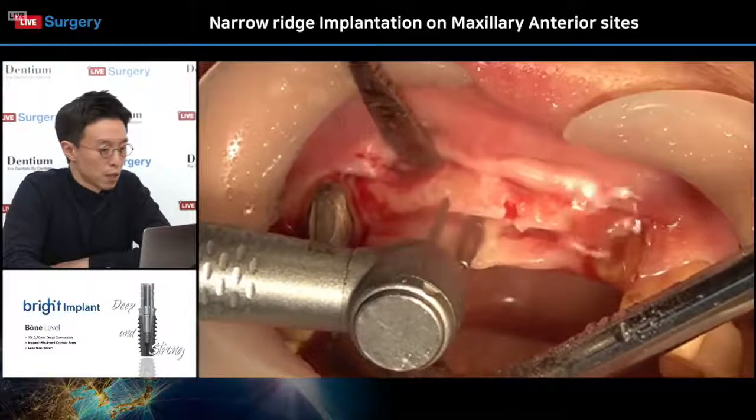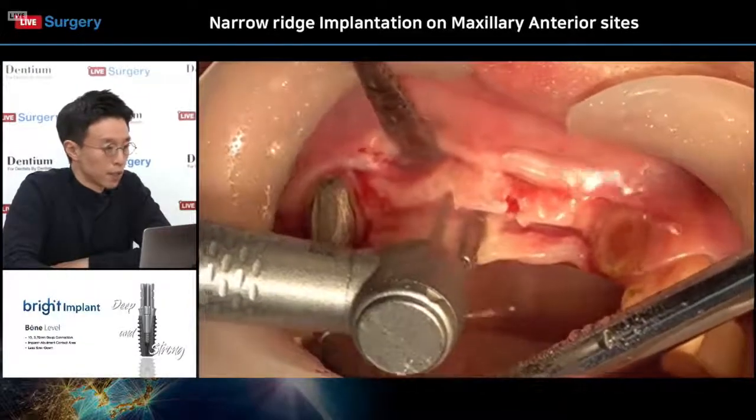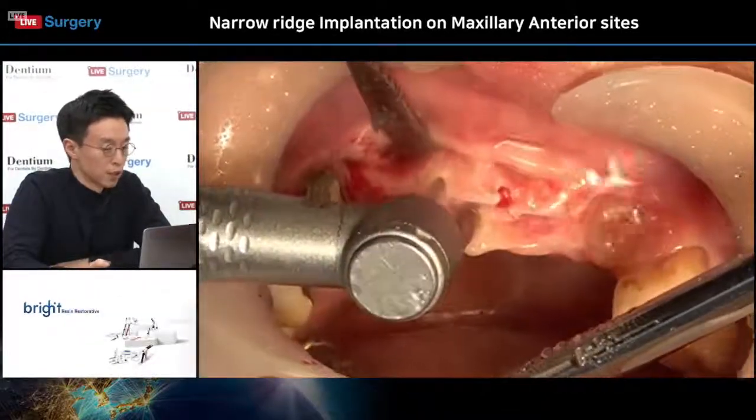The pin could elevate the palatal side flap slightly during the surgery.